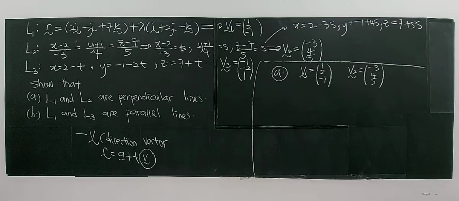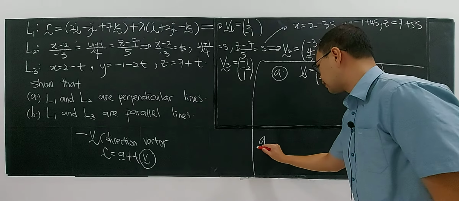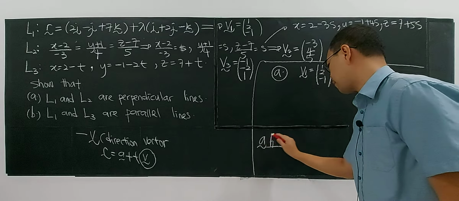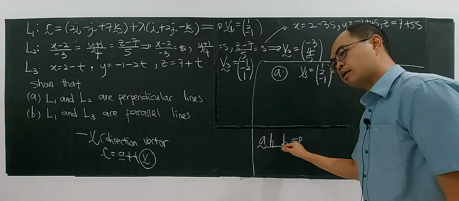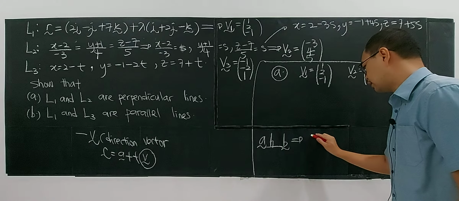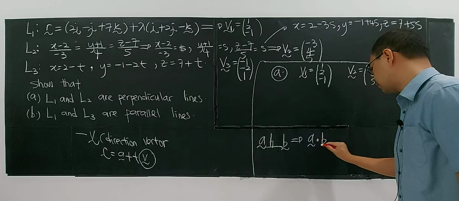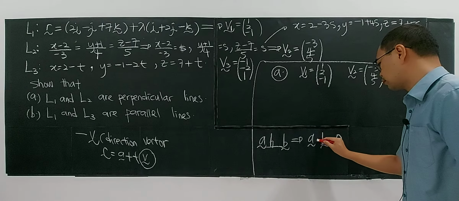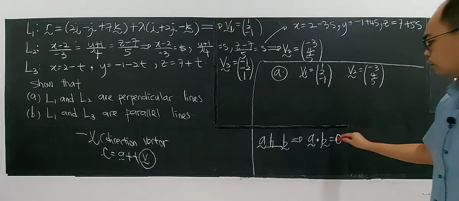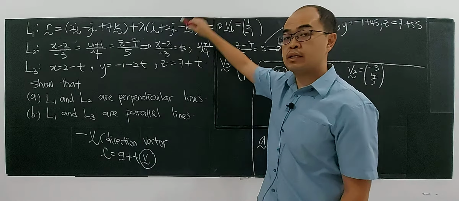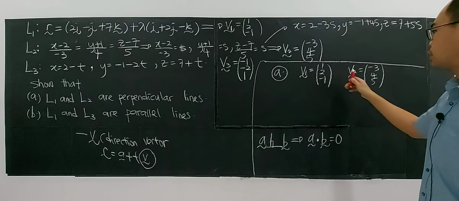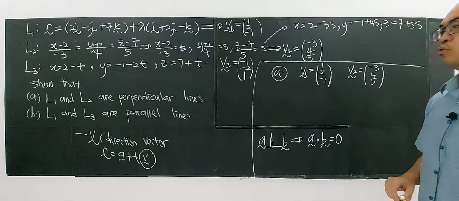From your knowledge of the scalar product, or dot product, if two vectors are perpendicular, meaning a is perpendicular to b, then a dot b gives you 0, a scalar. So to prove that two lines are perpendicular to each other, the direction vectors have to be perpendicular to each other as well.